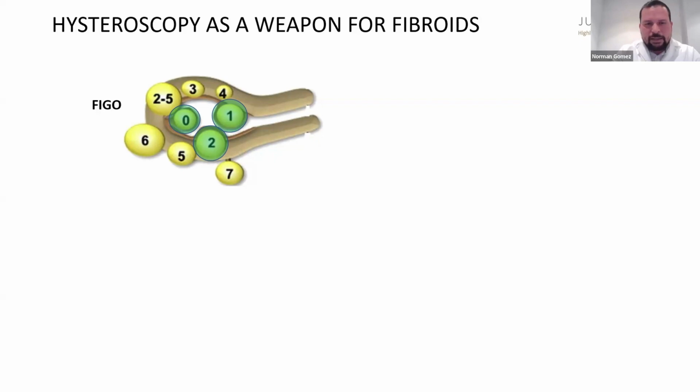But in 2018, even for the type 3 fibroids, the FIGO sent a statement talking about this kind of fibroid that shares some common properties with the rest of the submucosal fibroids because it's near the mucosa of the endometrium, so it can have a behavior similar to the classic submucosal fibroid. So we need to take this into account because on some occasions we can also approach this kind of fibroid with hysteroscopy.